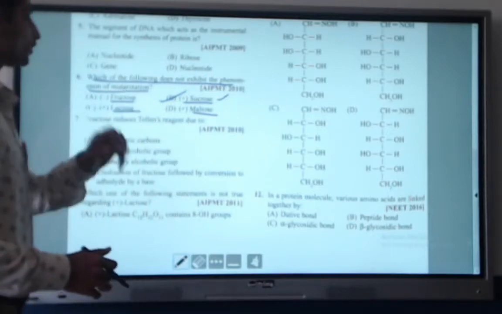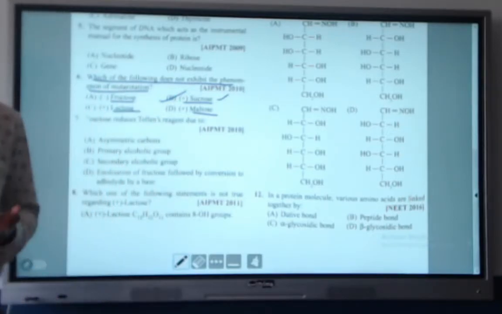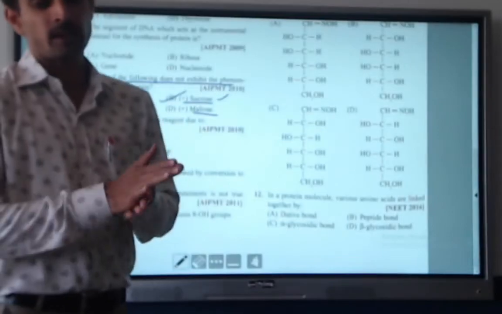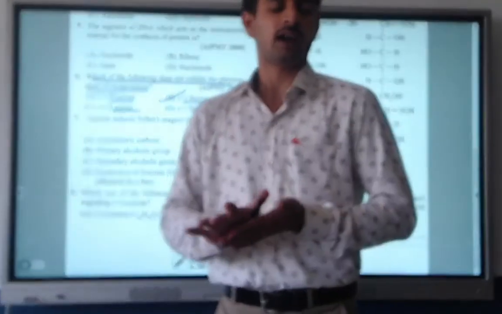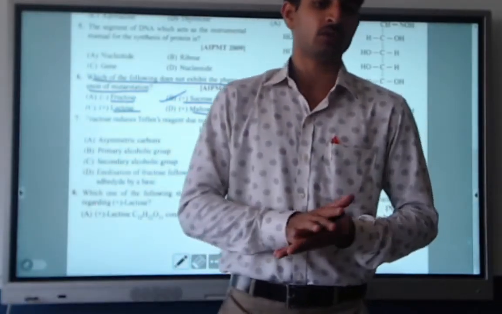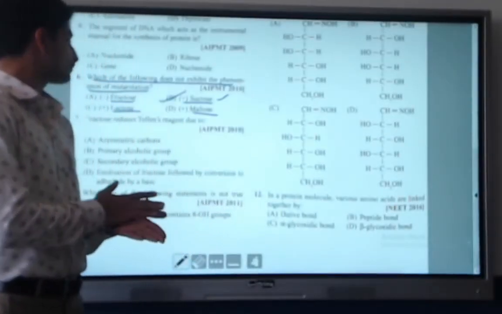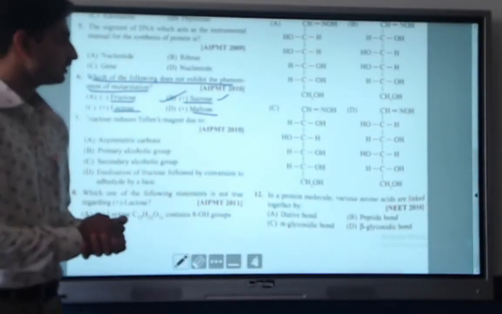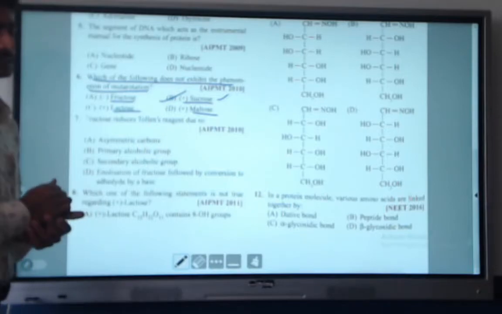If you want to observe mutarotation, which is optically active, it should be available in free form. Then only you can observe mutarotation. So that's why the option is B.